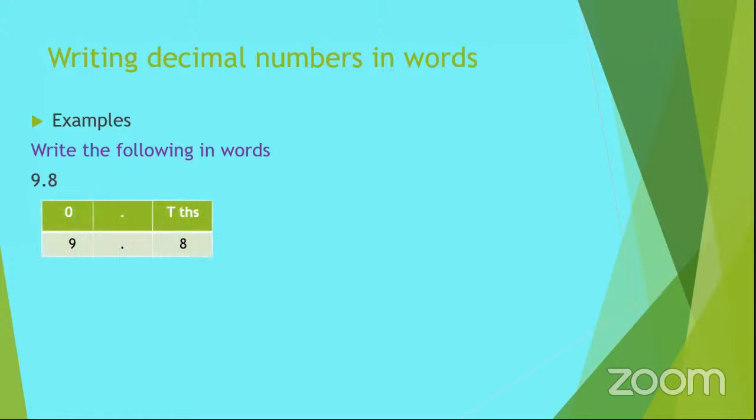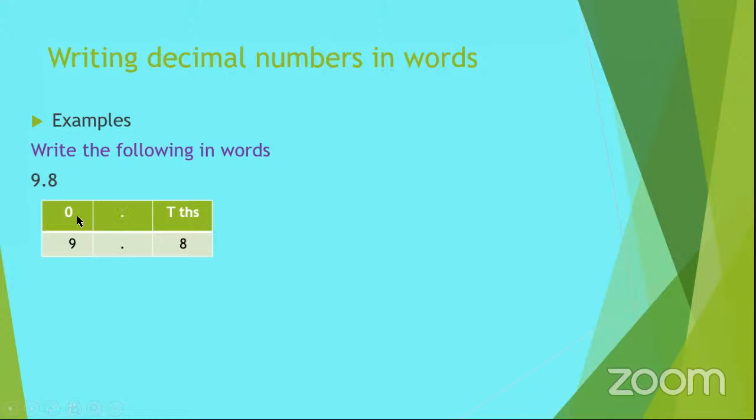So what you do, you draw your place value table very well, you give place values to different digits. Like we have, write the following in words, and the first example is 9.8. So what we do, we give them place values. After the decimal point, we start with tenths.